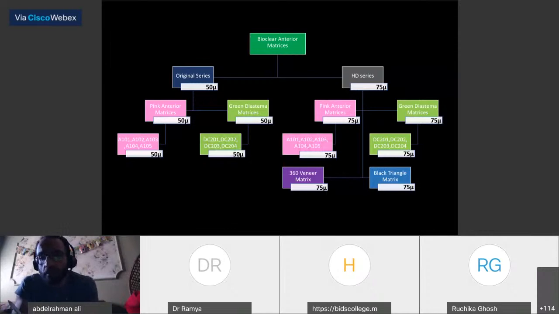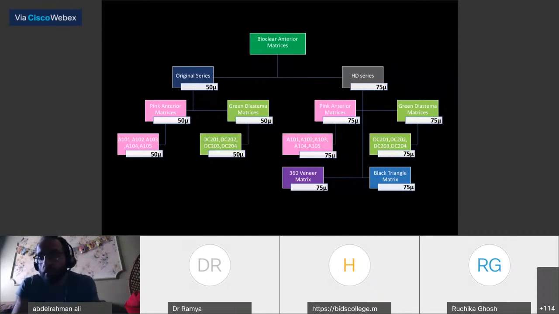So as educators, we tell them the differences so they can choose two or three matrices just to do all the restorations. Biclear started as a thin matrix, and we call it the original matrix.